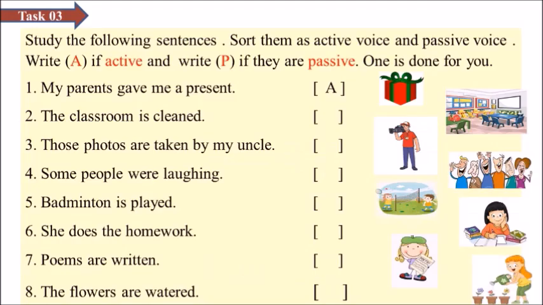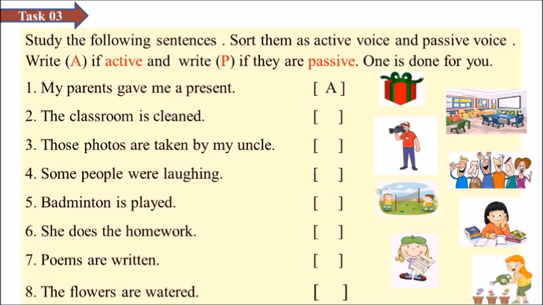Children, now it's time to do another activity. Study the following sentences. Sort them as active voice and passive voice. Write A if the sentence is active and write B if the sentence is passive. What is done for you? Number 1.